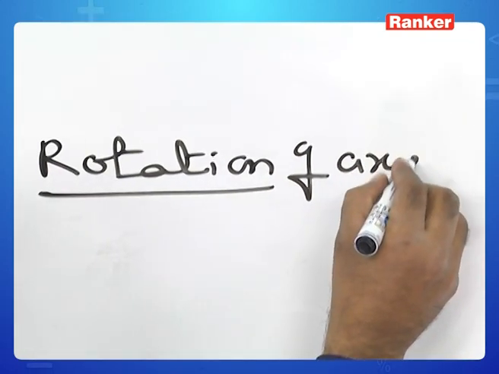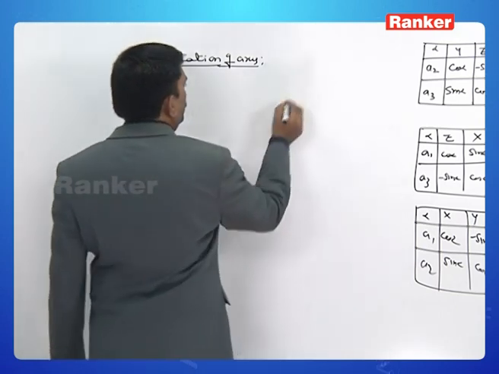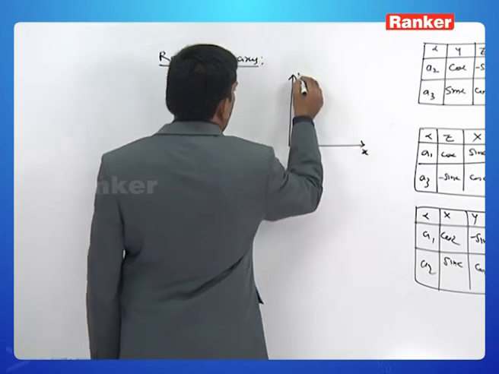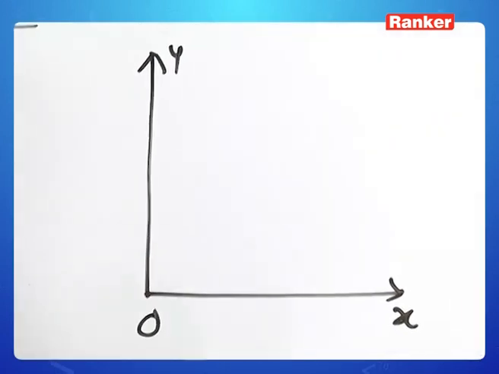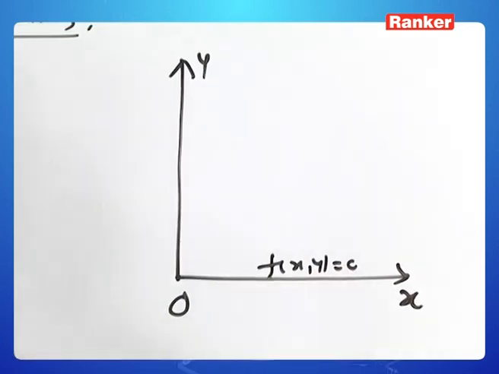Rotation of axis. Now if I take small x, small y as origin, now small f of x comma y is equal to 0 be the curve.